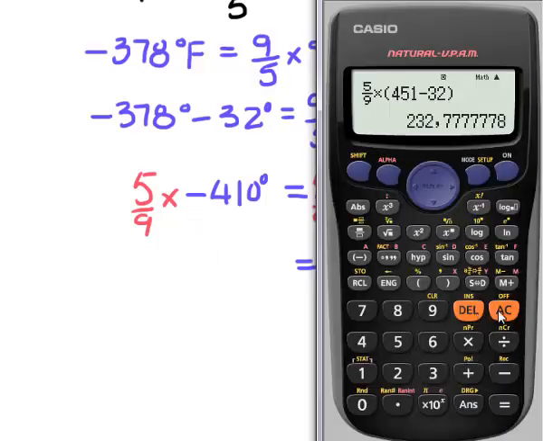So it's going to be 5/9 times, open our bracket, or you don't really have to use a bracket, but we can, 410, close your bracket, and that gives us an answer of negative 227.7 recurring.